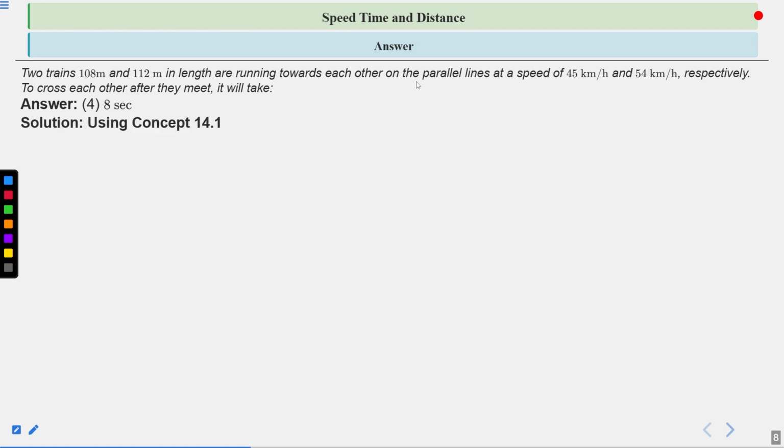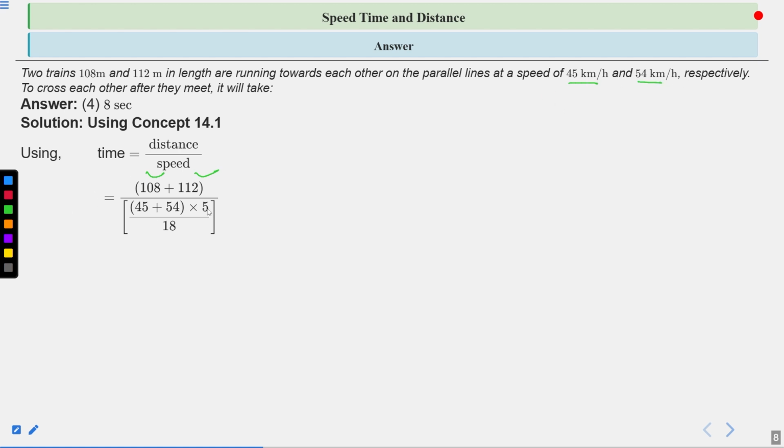Now see the detailed solution using concept 14.1 in this question. Time equals distance upon speed. So we know that the distance is 108 meters, the length of the first train, and the length of the second train is 112 meters. So we add them up, and the speed will become 45 plus 54, and this is in kilometers per hour.